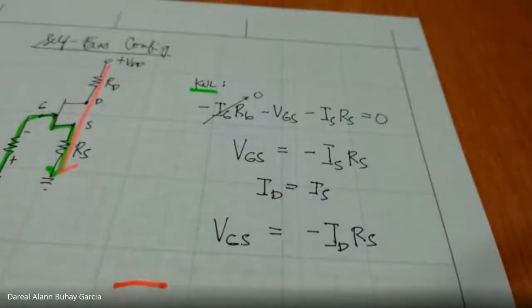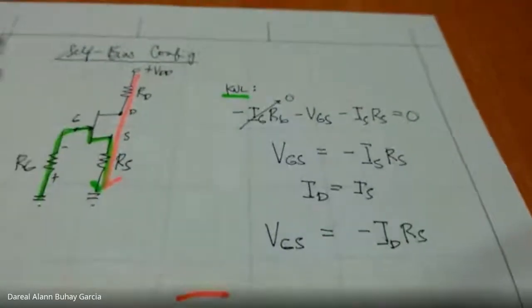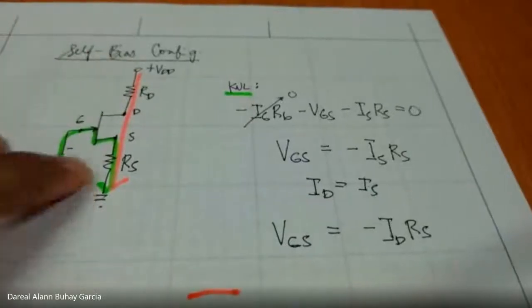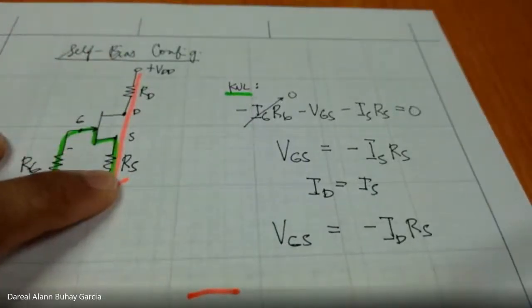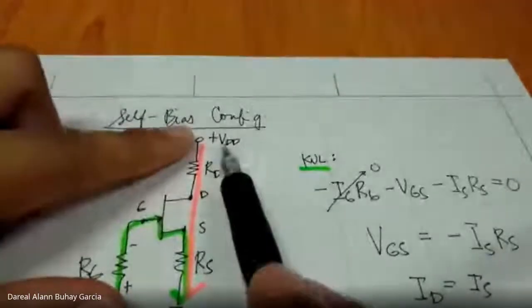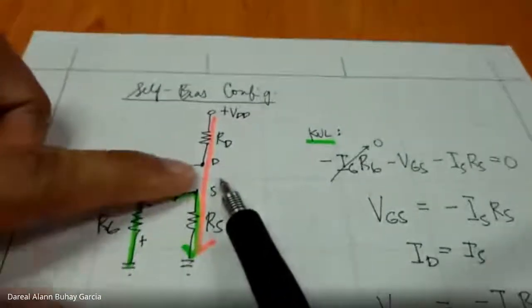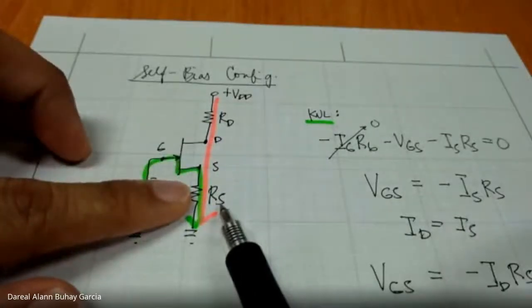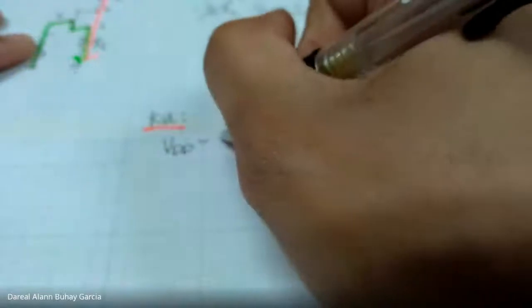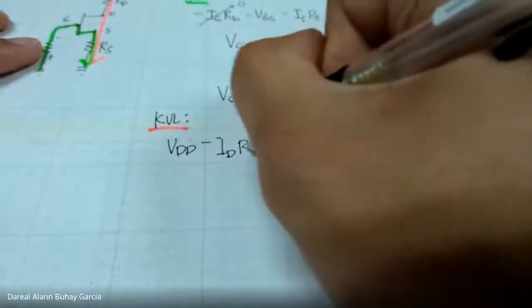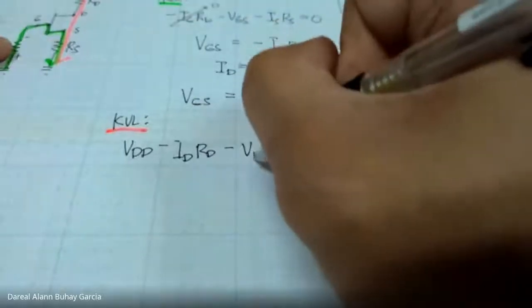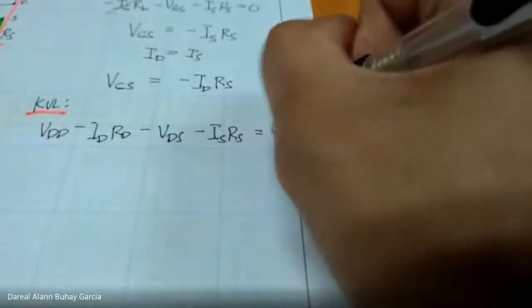Next, on the output side, it is the same as before, with just the addition of RS. VDD minus IDRD minus VDS minus ISRS is equal to 0.